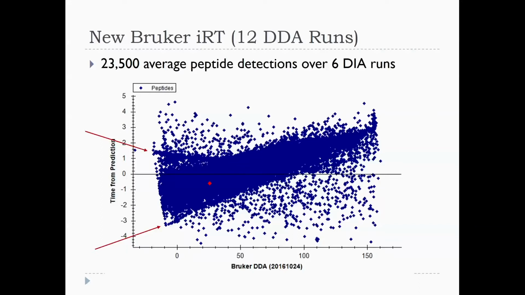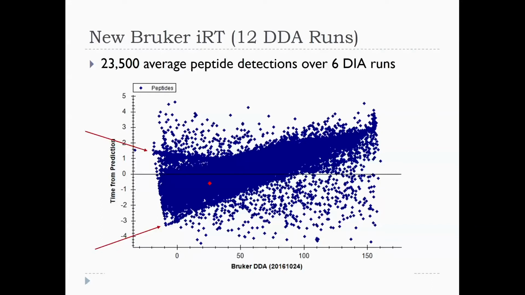Retention time of what? The DDA runs, but what inside the DDA? Okay, I say here's a peptide, give me its retention time. How did you say? Oh, I know, right, the ID, which is the spectrum.